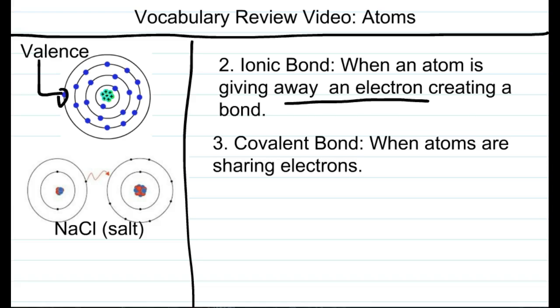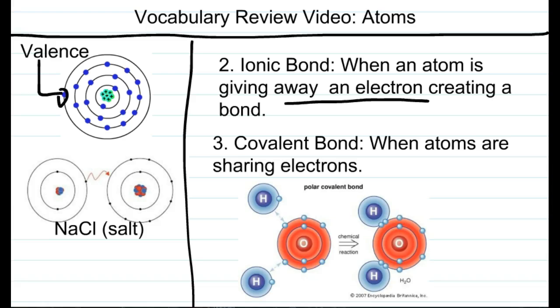Number 3 is the last one, covalent bond. Covalent bonds are when atoms are sharing electrons. Water, or H2O, is an example of a covalent bond. In this picture, if you notice, there's hydrogen, which only has 1 valence electron. It's actually missing 1 more because the first shell can fit up to 2. So it's like a magnet looking for more electrons to steal or to borrow.